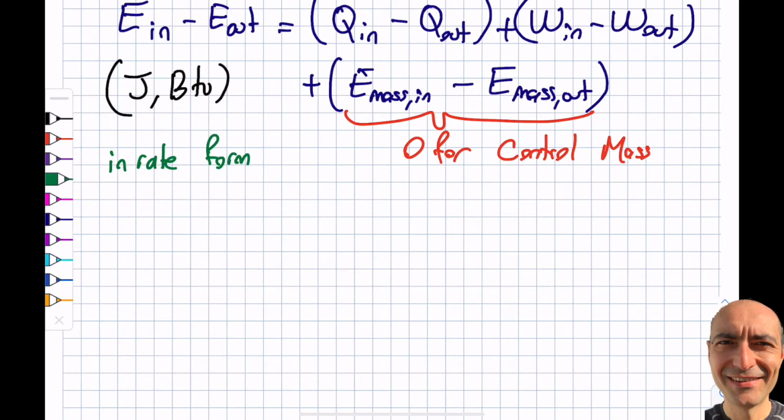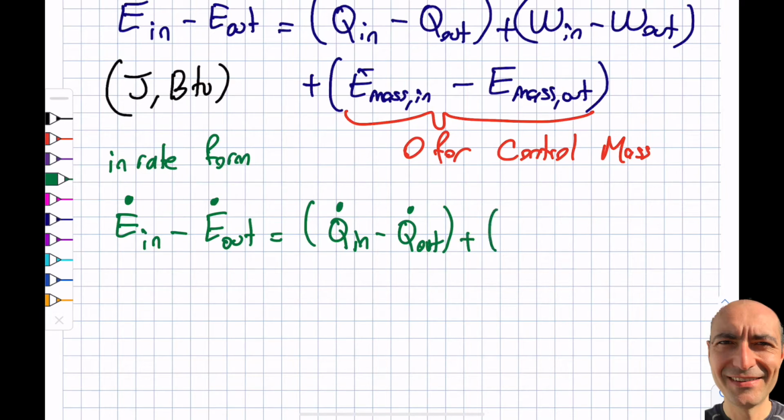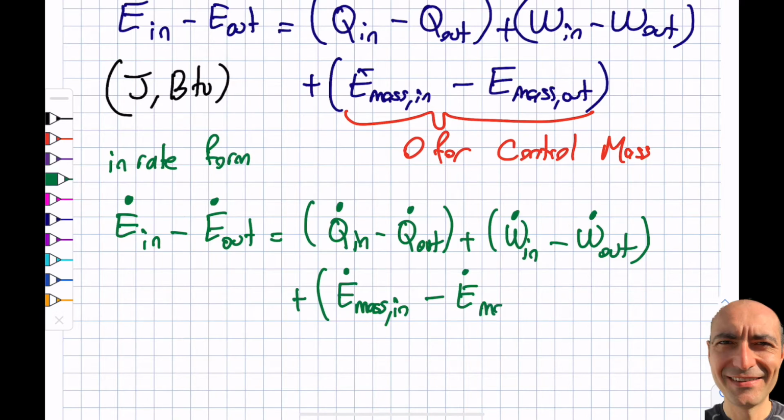Then it's going to be E dot in, the energy rate entering, minus the energy rate leaving, equals Q dot in, which is the heat transfer rate, minus Q dot out, plus power in minus power out, plus mass transfer rate in minus mass transfer rate out.